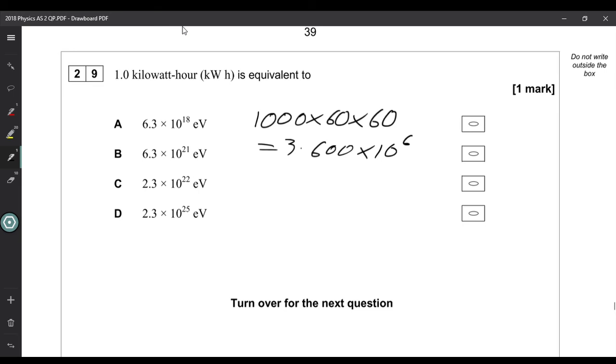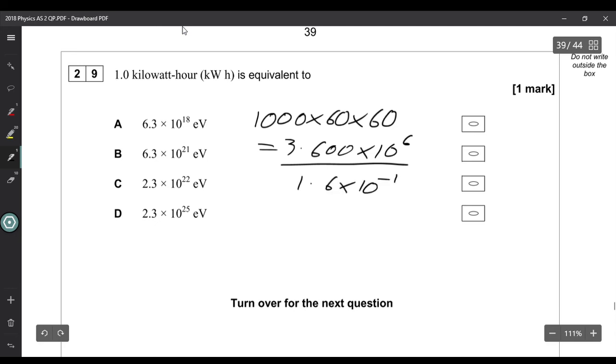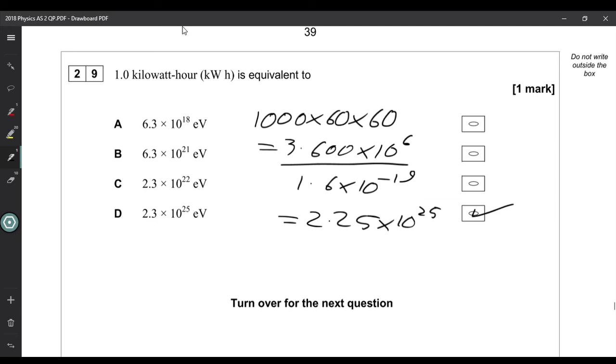And to convert this into electron volts, we need to divide by 1.6 times 10 to the minus 19, which gives us 2.25 times 10 to the 25. So the answer for this one is going to be D. Now, a lot of students disregarded the hour in their calculation, so they just converted 1000 into electron volts.